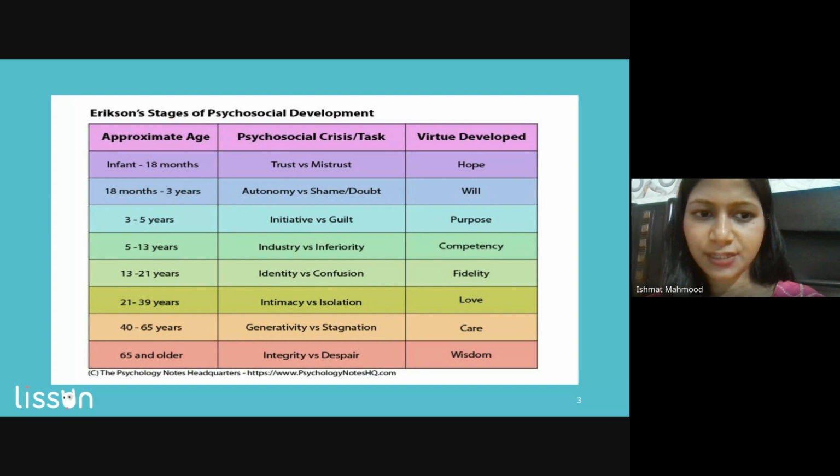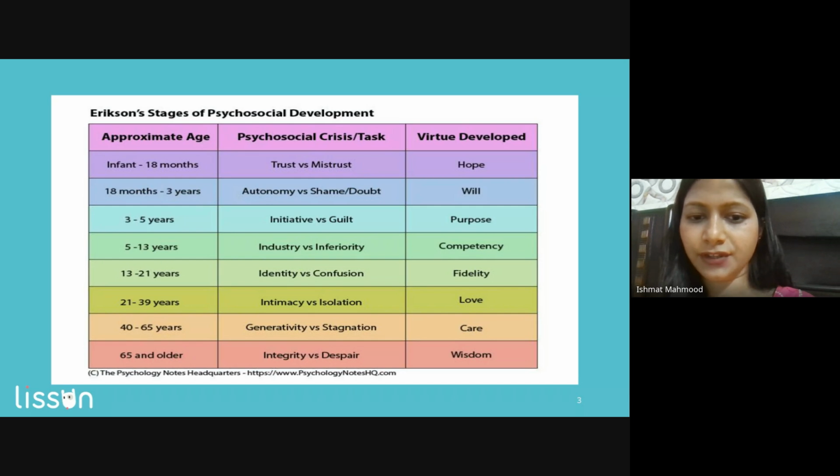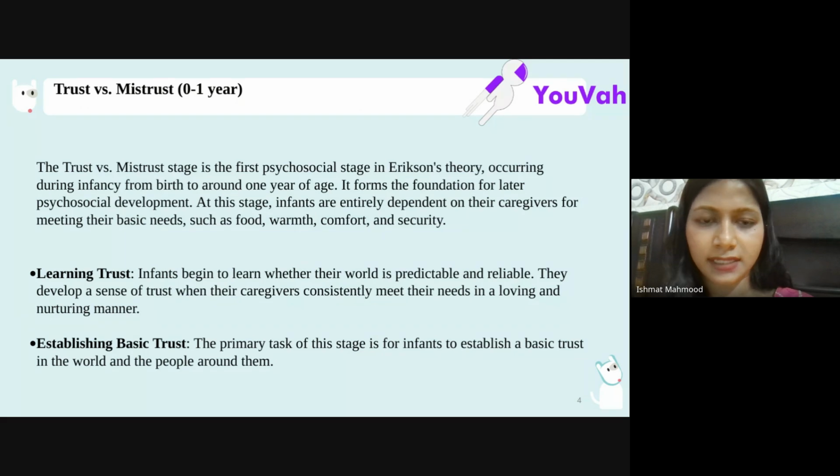First is the infant stage, trust versus mistrust, from 0 to 18 months. The second stage is autonomy versus shame. Third is initiative versus guilt, then industry versus inferiority, then identity versus role confusion, and so on. We'll move into all the stages in detail.